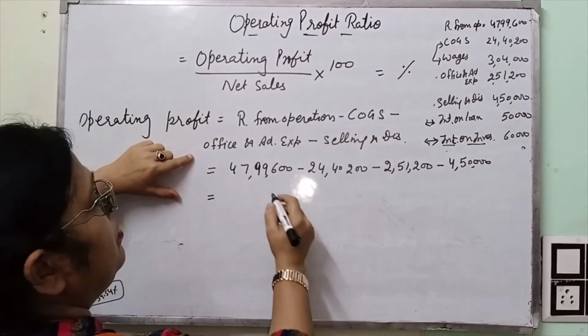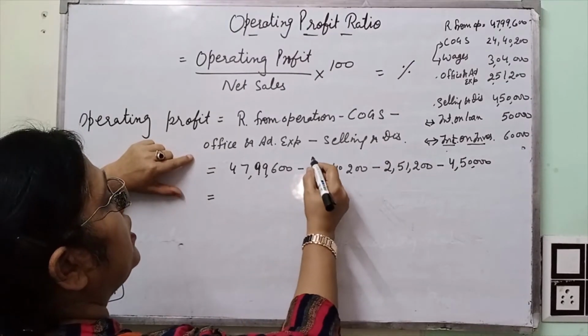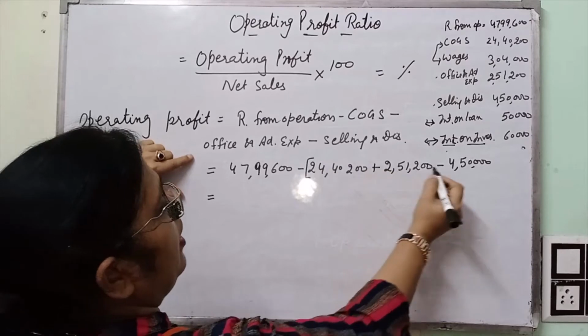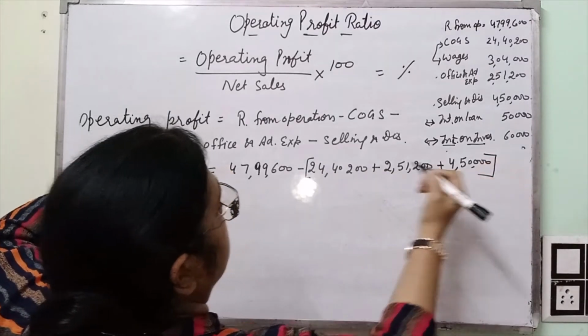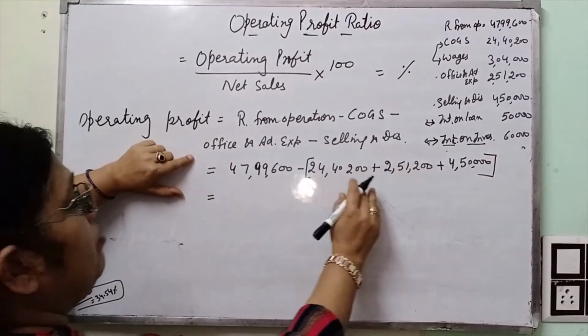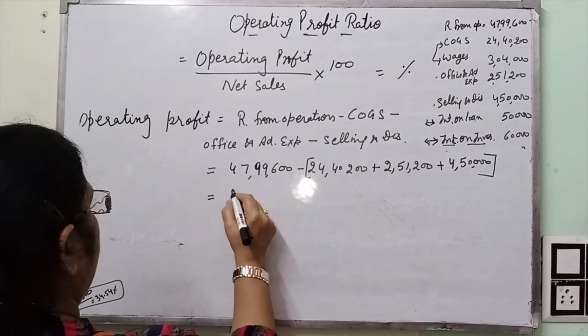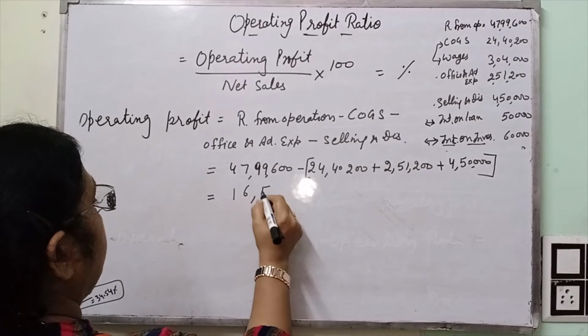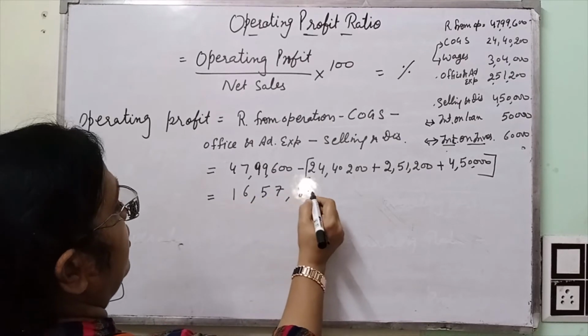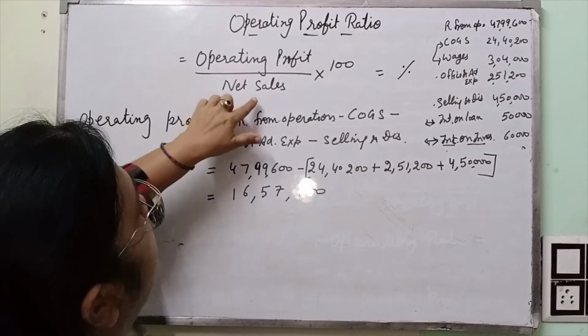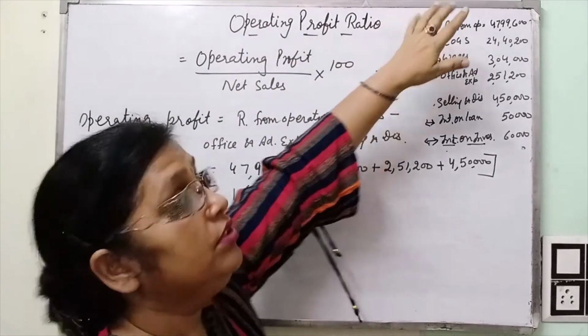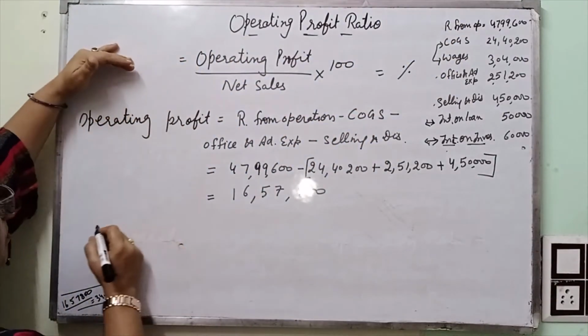We can also put it in bracket and write like this. So the total amount which will come after deducting all these things, it will come to 16,57,800. Net sales we have given the amount. So now we are putting the value.